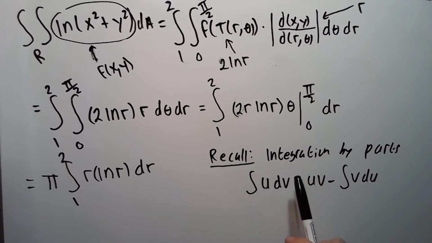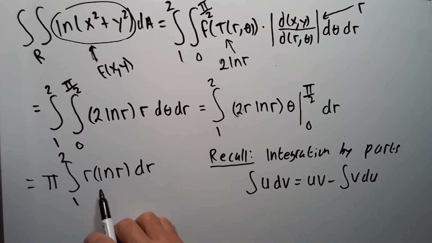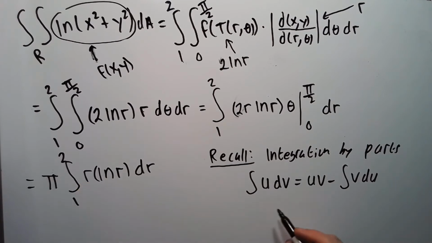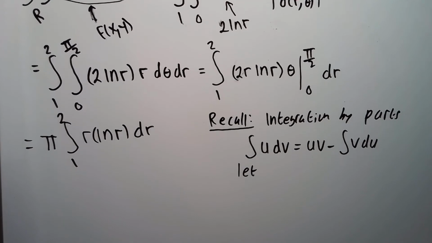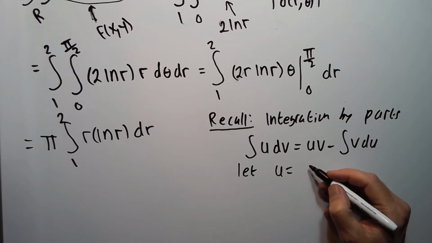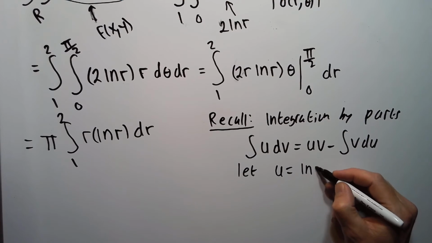Okay, so now I have to integrate this ln. So recall integration by parts, we're going to have to use that here. Integral u dv equals uv minus integral v du. I'm going to do the indefinite one first, and we'll come back and do the limits on it in a second. So let u equal ln of r.